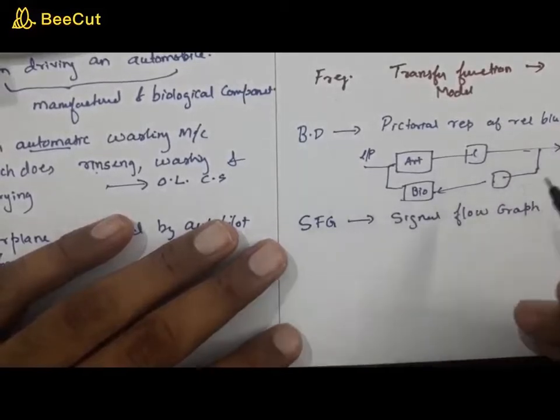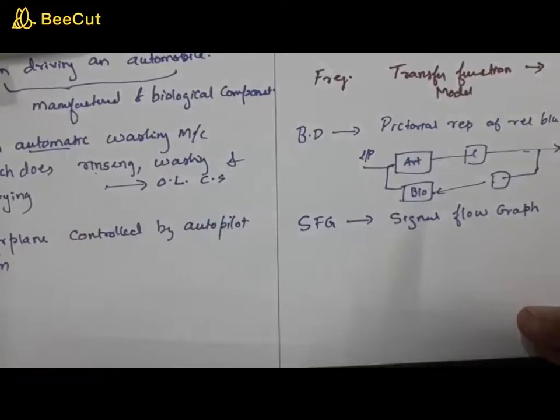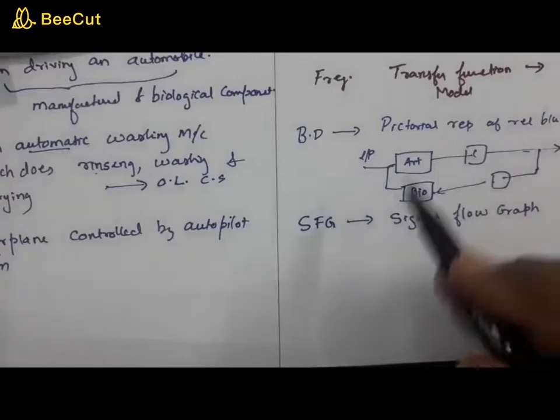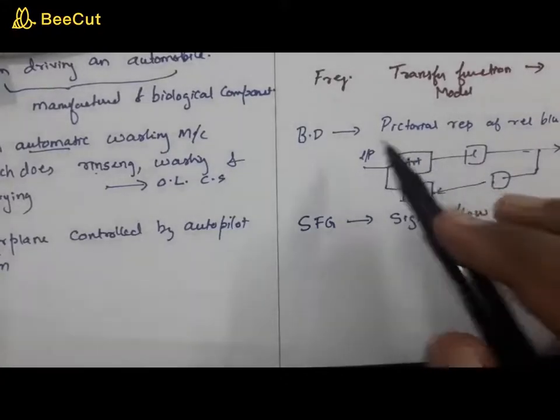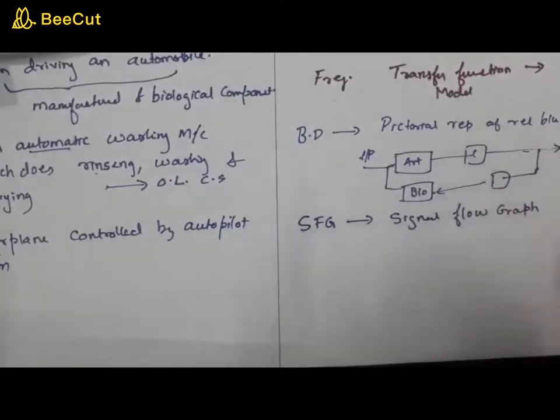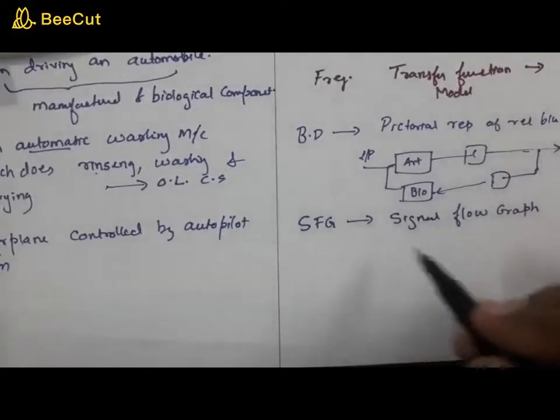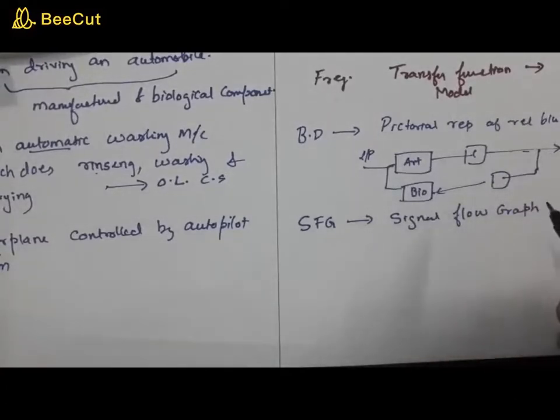So SFG, signal flow graph, gives you an idea how the signal travels and comes at the output side. It is just a representation of lines, and it doesn't have any blocks as in a block diagram. It's exactly similar to a block diagram, and it is basically used for an easy way of finding the transfer function from a block diagram.